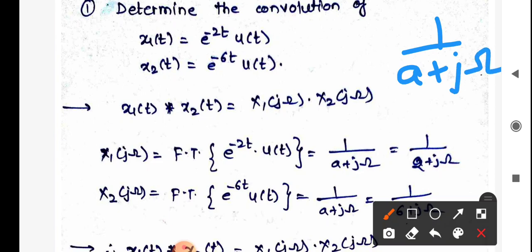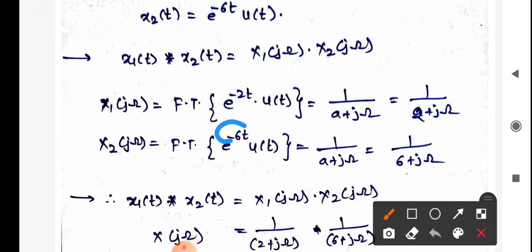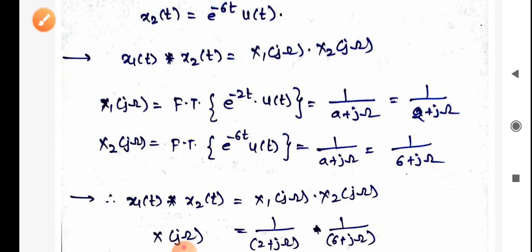So if I compare, here a is nothing but 2. So my Fourier transform here comes to be 1 upon 2 plus j omega. Similarly, for the other equation, it is e raised to minus 6t, hence the Fourier transform comes to be 1 upon 6 plus j omega.